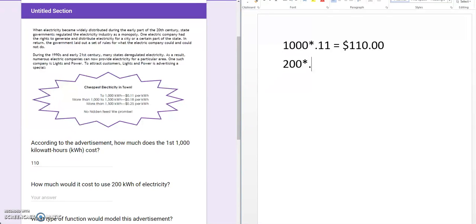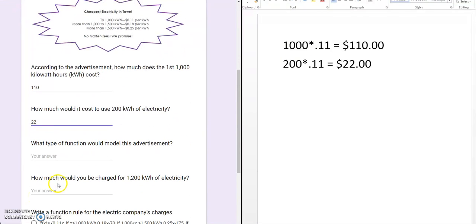Well, 200 times 11 cents is equal to $22. This is a step function. I'm sorry, this is not a step function. This is a piecewise function.